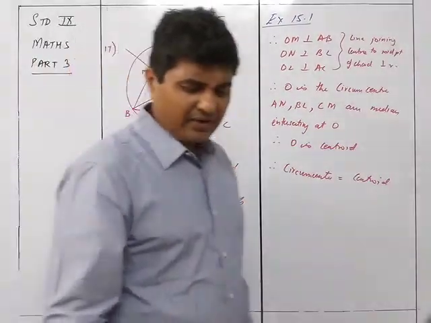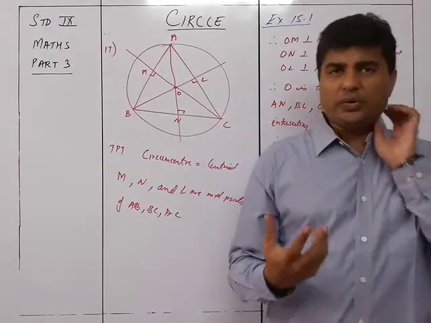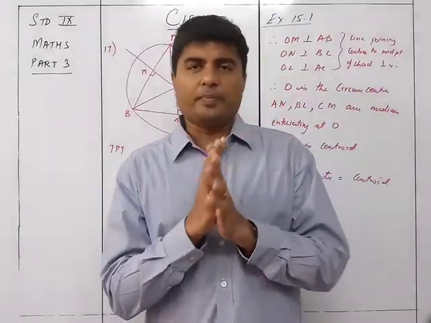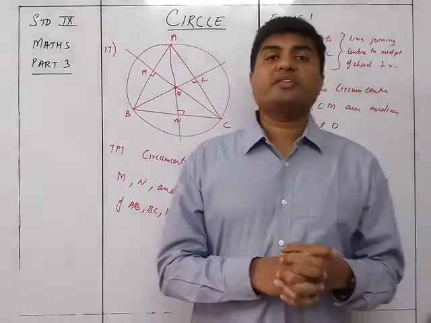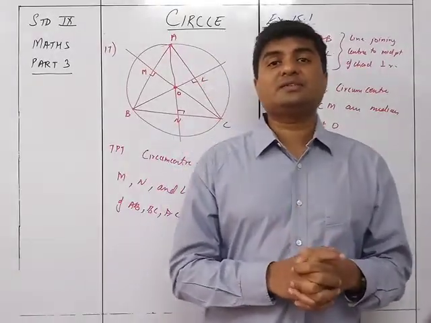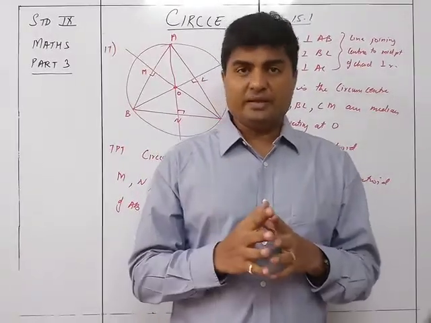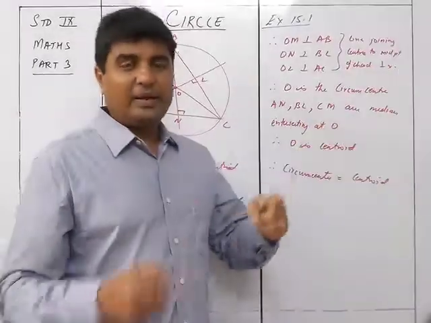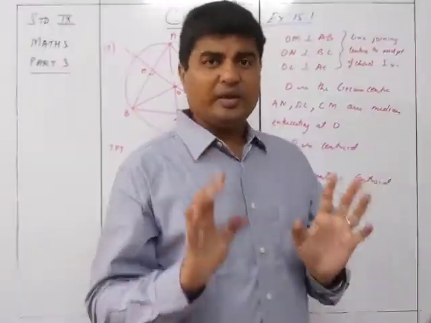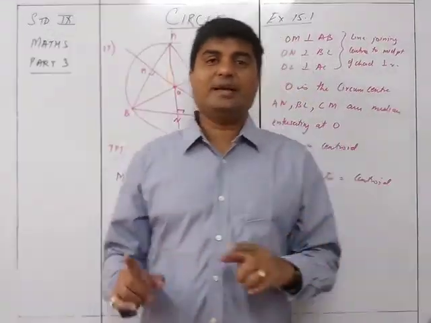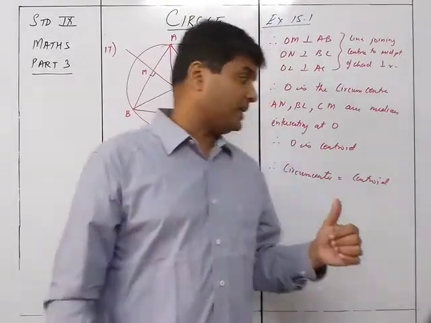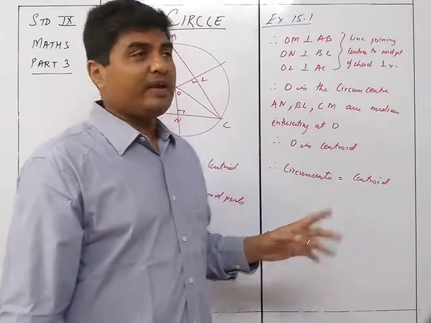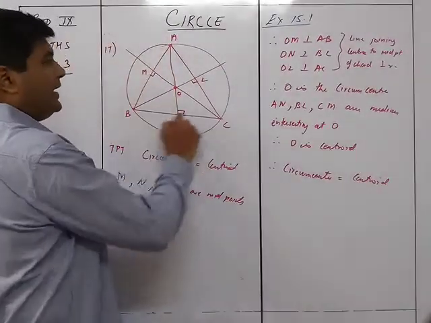Clear? Slightly confusing, but mainly what you need to do is take the properties of both things. The property of the centroid is that it is the intersection of the medians. We know AN, BL and CM are medians, given. They are concurrent, and that is always going to be the centroid. At the same time, M, N and L are the midpoints.